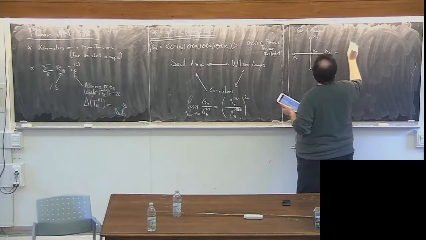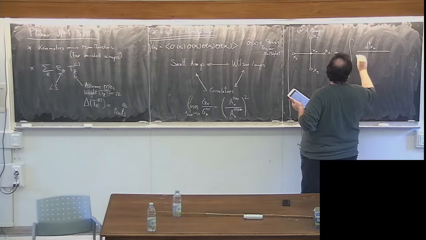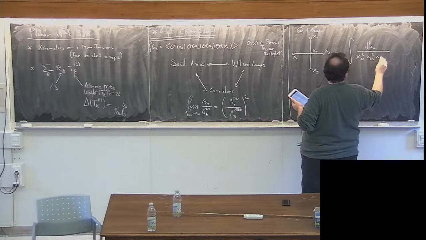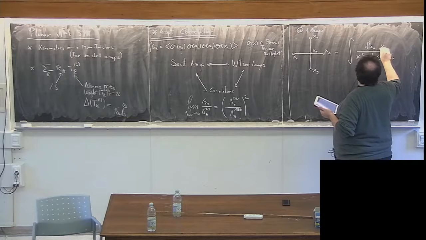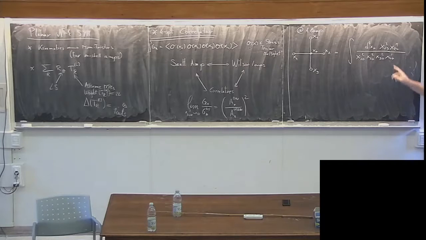So this is the integral that we have seen many times by now. This is the integral d^4 x_0 over x_{10}^2 x_{20}^2 x_{30}^2 x_{40}^2, and I put a numerator to normalize it in a nice way. This is like the factor st that we had already for the box.